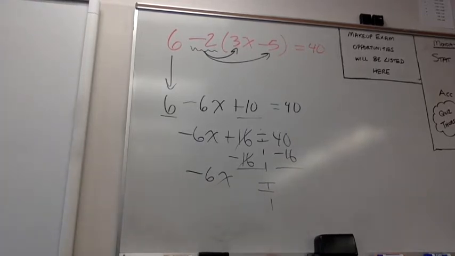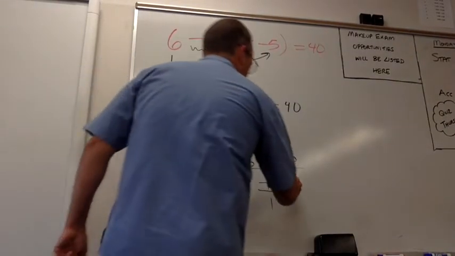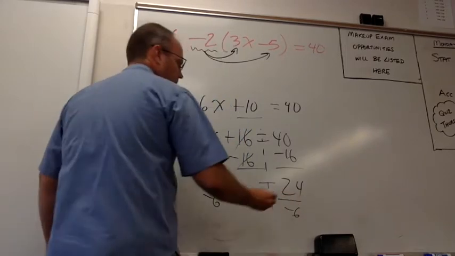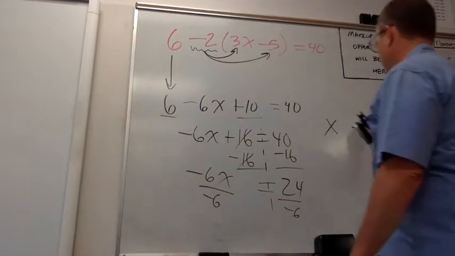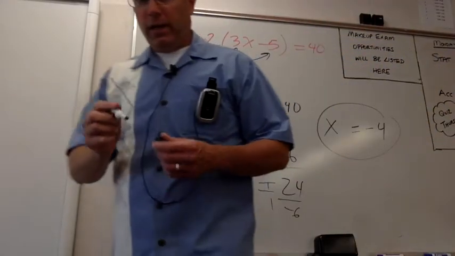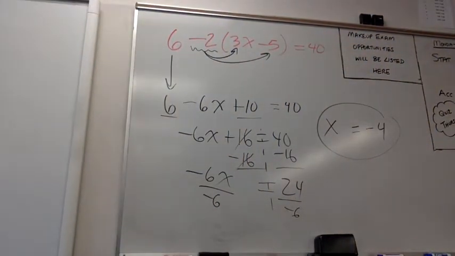How much is it? 24. 24, yeah, good. 24, divide each side by -6. So lo and behold, you come up with an answer of x equal to -4, because you had 24 divided by -6. Good? Happy so far?